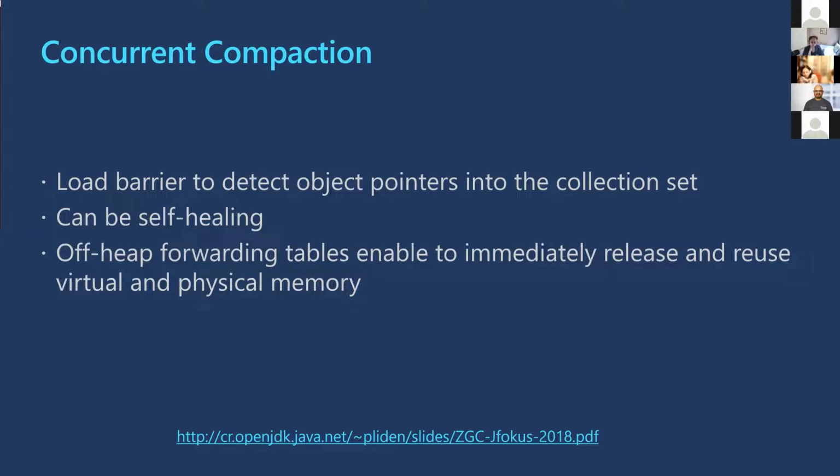With compaction, if you think of an object, the from address and the to address are in the header. I did not do this in this presentation, but usually I talk about the object headers of the objects, and in that you will have the from and to space.